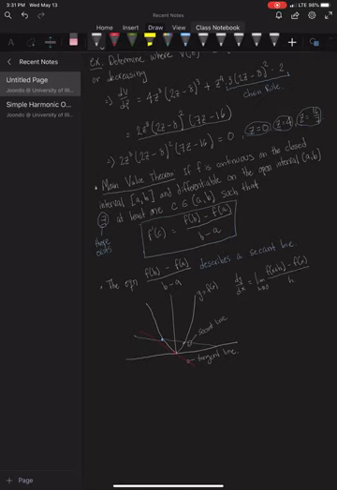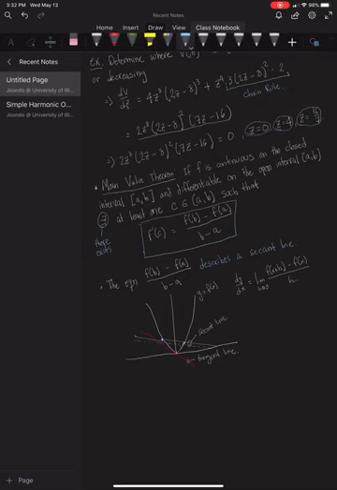Now, what happens if this point came all the way up to here? What happens if we drew an infinite amount of secant lines to get to this point and just intersect at this one point?